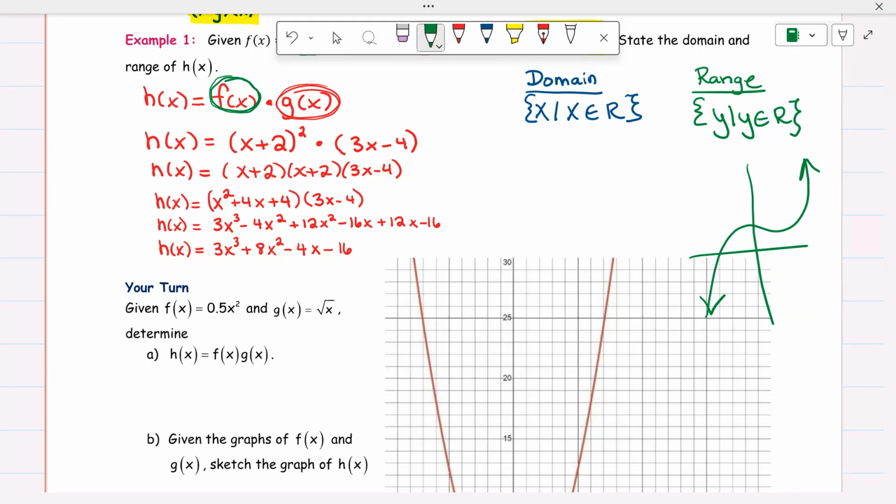So you'd calculate minimum to figure out where the bottom was, and you'd say everything greater than or equal to that. If the leading coefficient was negative, then there would have been a top. You can't calculate that without your calculator. Algebraically, if it's degree 4, 6, 8, maxes and mins are done in your calculator. Until you hit calculus, then you can do them algebraically, which is a lot of fun. But 30-1 students don't have those skills yet. So maxes and mins are done in your calculator if it's degree 4 or higher.